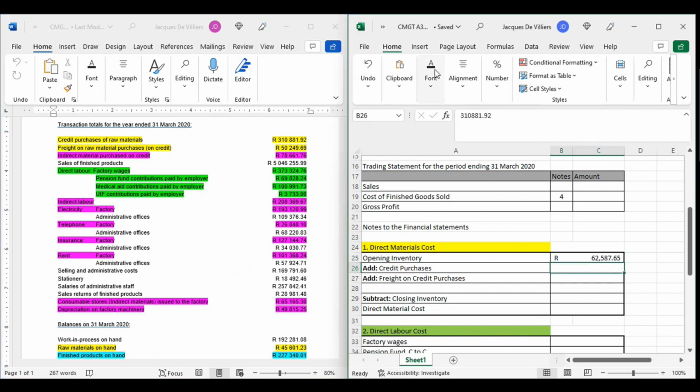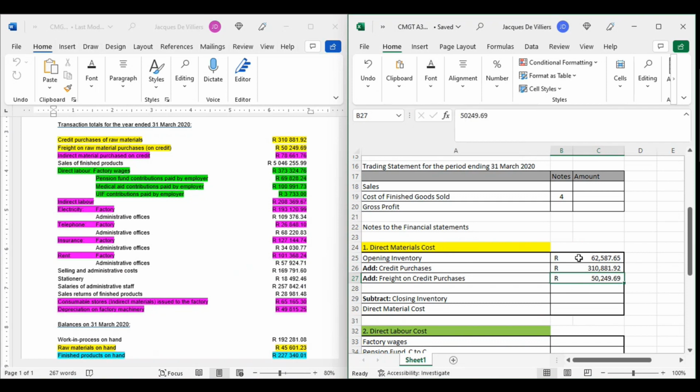So I can put that in there. Then the freight charges on the raw material is also given. Like I said to you, sometimes they can even give you a third component here that would be customs. But in this case, they've given us two components of the cost that contribute to our direct material, and we just simply take both of them from the table.